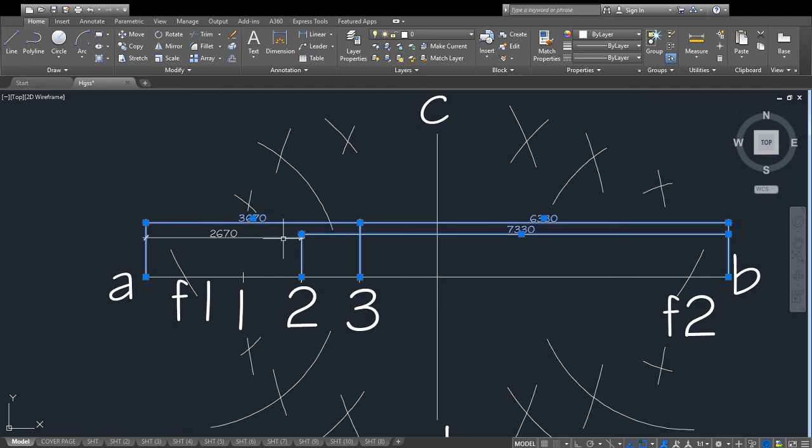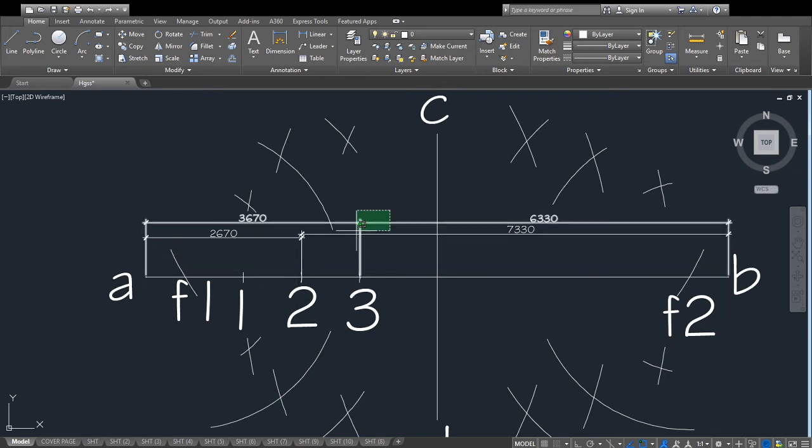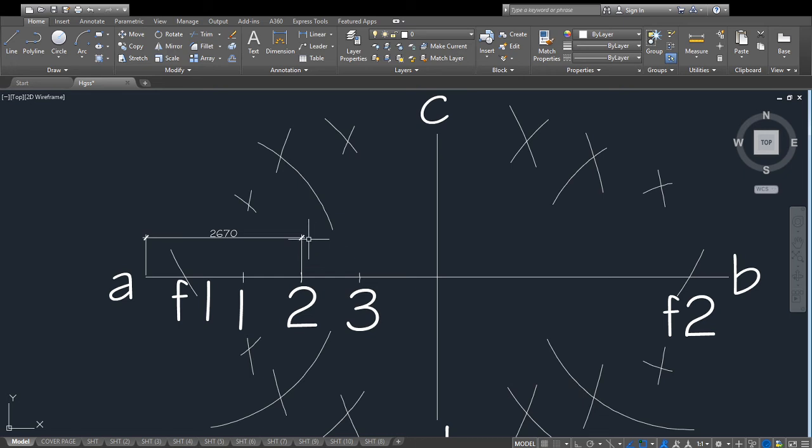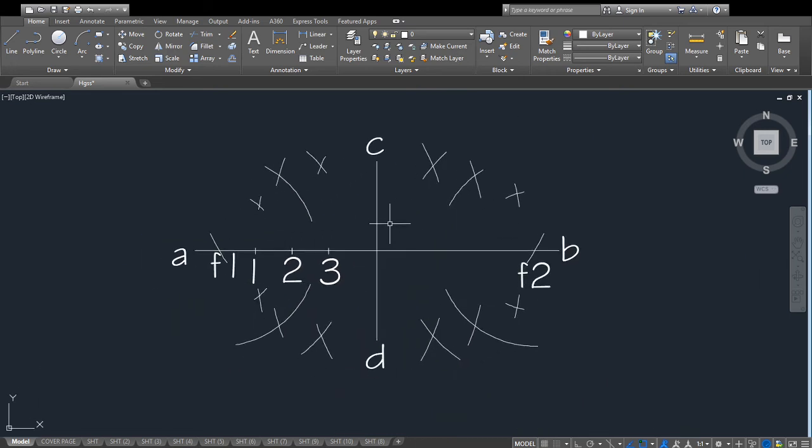Now we'll take all this measurement out. I don't need them any longer. Okay, they have served their purpose. Now we have this. You can see already the shape is looking like that of an ellipse. Okay, this is our point 1, point 2, point 3.